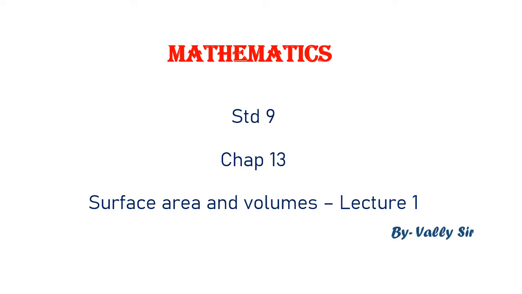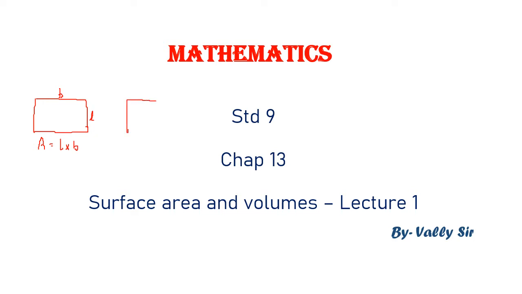Now, for the revision check, we will see that you already know the surface area of two-dimensional figures. So, which are the two-dimensional figures that you know? The two-dimensional figures you know are a rectangle, whose area is given by L into B, where L is the length and B is the breadth.